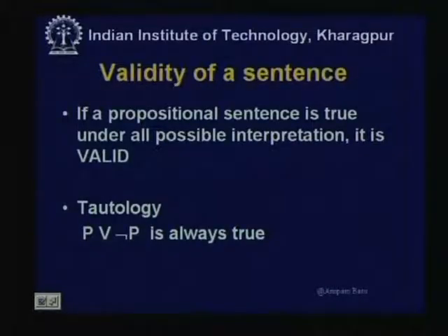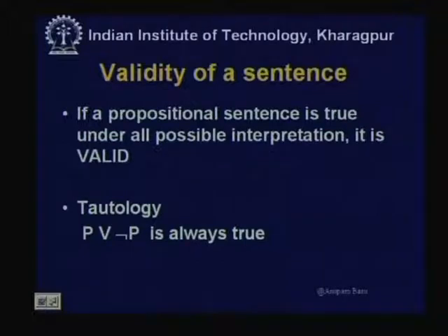Now we have seen the world part. Now there is a very important concept, validity of a sentence. Often we say this is valid, this is invalid, but in the case of logic, validity is a very important notion and we must try to understand that.